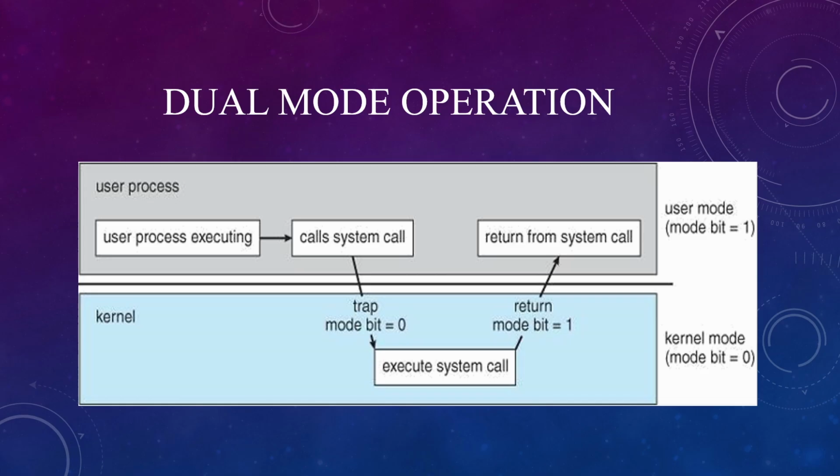Let us think of the importance. This mechanism ensures user processes are isolated from the core system functions, and malicious or very buggy code cannot directly affect the hardware or sensitive parts of the system. So the OS remains in control of critical operations, providing a secure and stable environment.